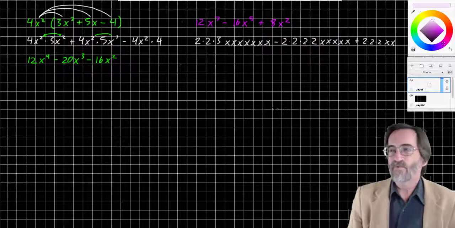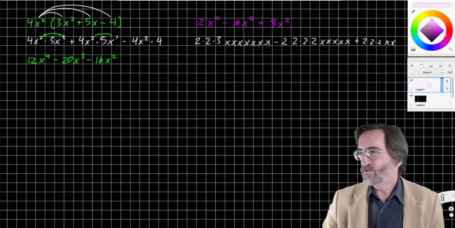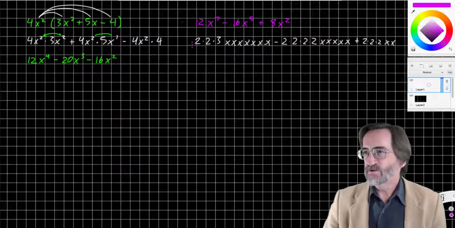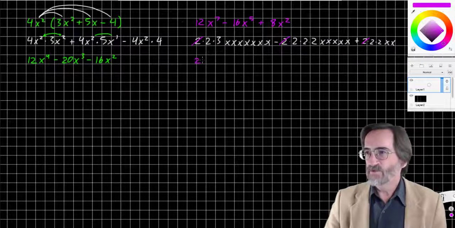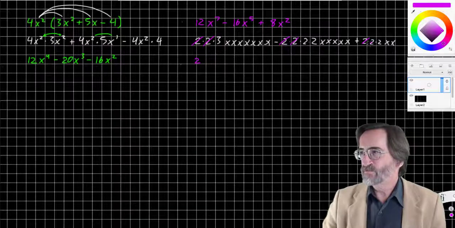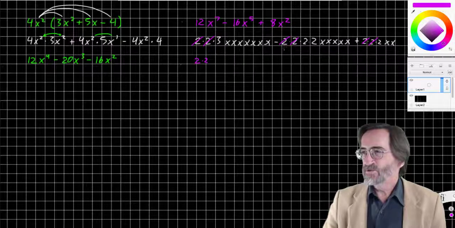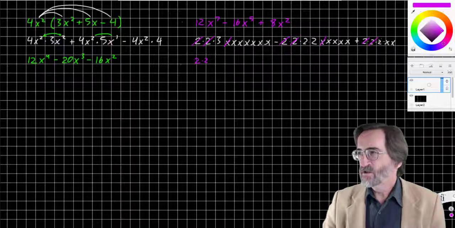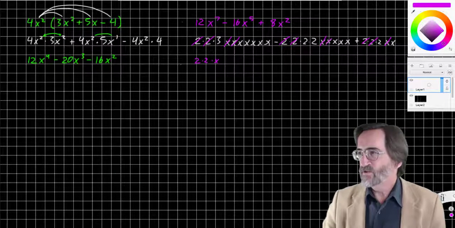And what I'm looking for is what is in all three terms. Well, I see there's a 2 in all three terms, so I'm going to write a 2. I see there's another 2 in all three terms, so I'm going to write another 2. There's not a 3 in all three terms, but there's 1 x in all three terms, and there's 2 x's in all three terms.